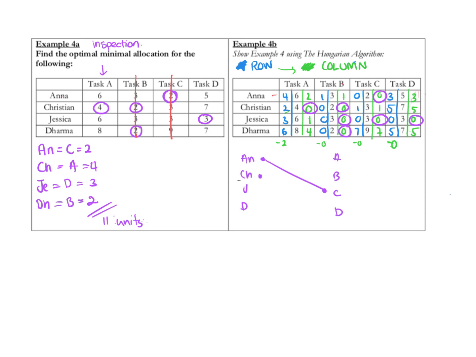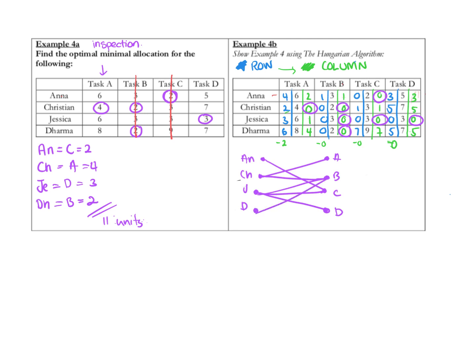Christian can do task A and B, so I'll go to A and he can go to B. And Jessica can do B, C, and D. And Dharma can do B.